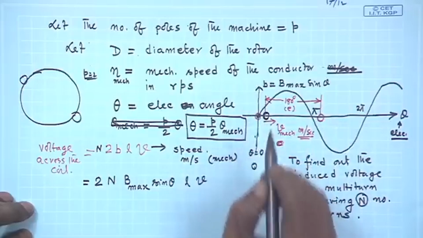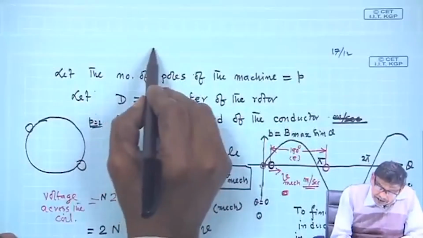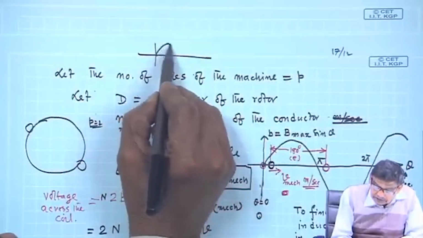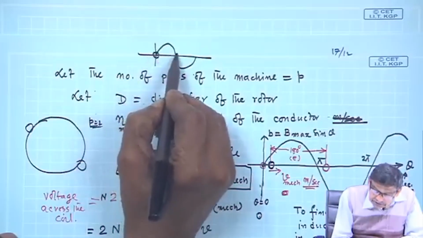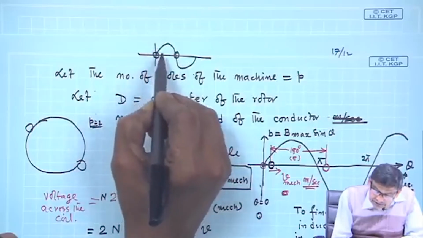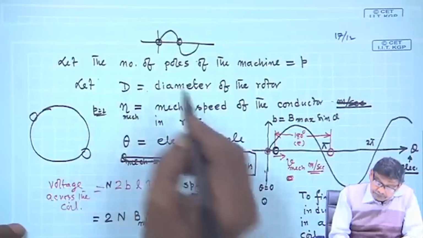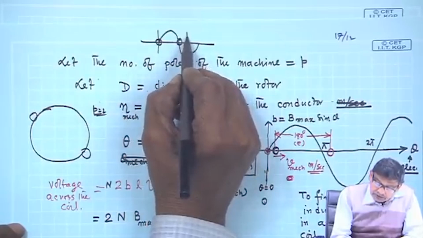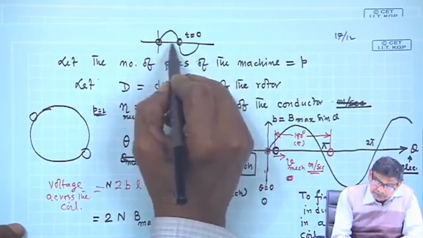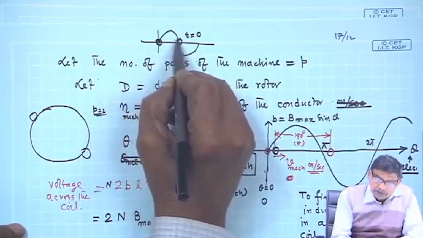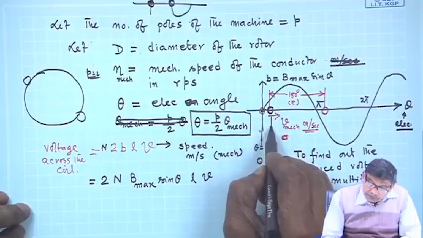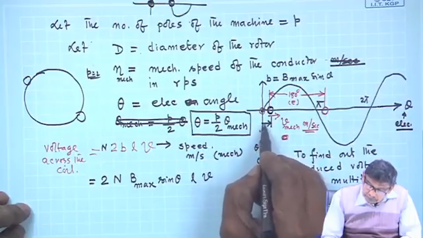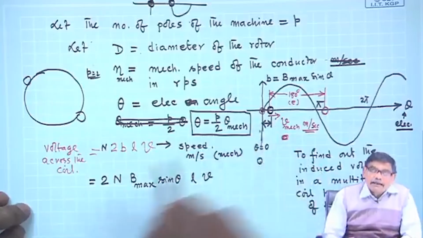That is, theta equal to 0 is with respect to... I will draw it so that you do not miss any point. This is the position of one coil side and the other coil side at t equal to 0, suppose. These are the positions of the coil. Then after some time it has moved by some angle.